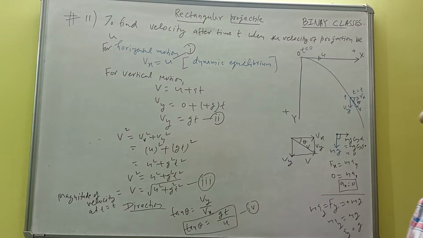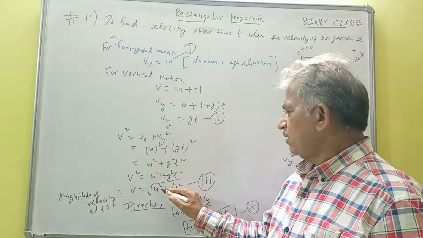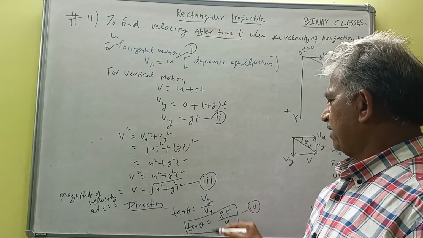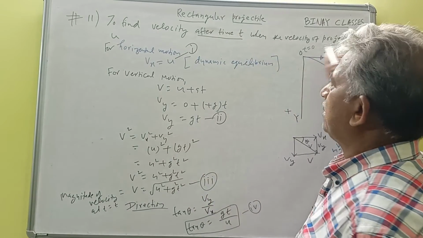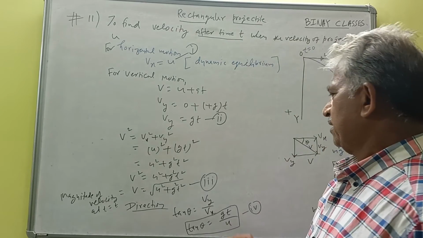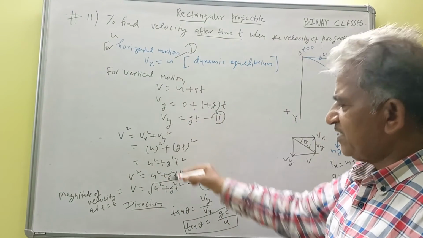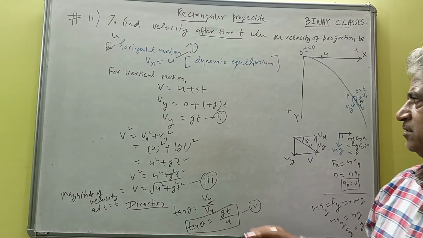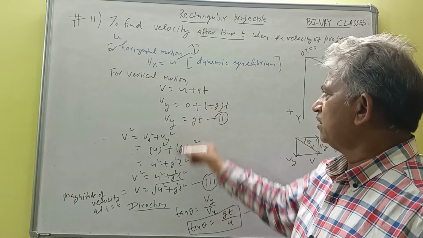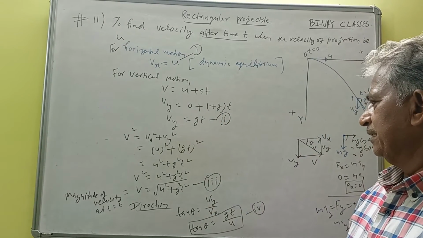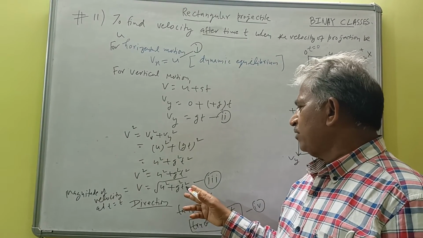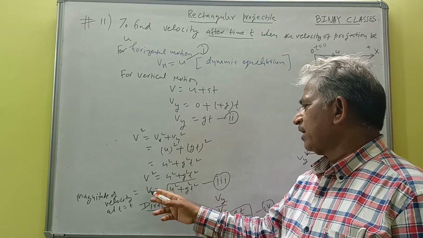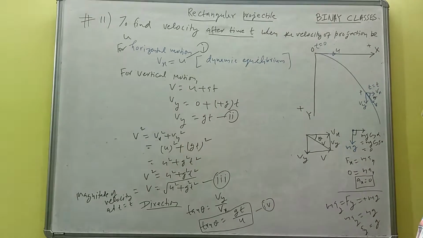This is the magnitude of the velocity. Whenever t equal to t is given, it will be according to this very concept, and the initial velocity u will also be given. By having this derivation, you can remember this formula. No need to memorize it. Just call back your basic idea, and by putting the value of t, the value of u and the value of the constant g, you can easily obtain the magnitude of the velocity.